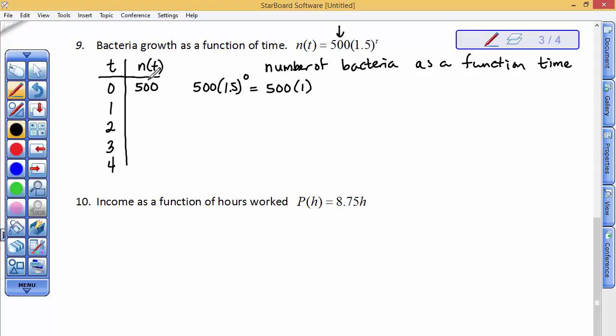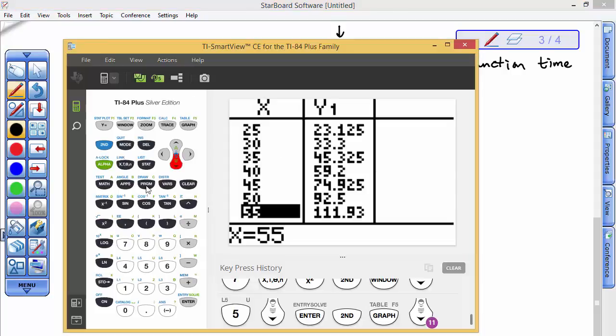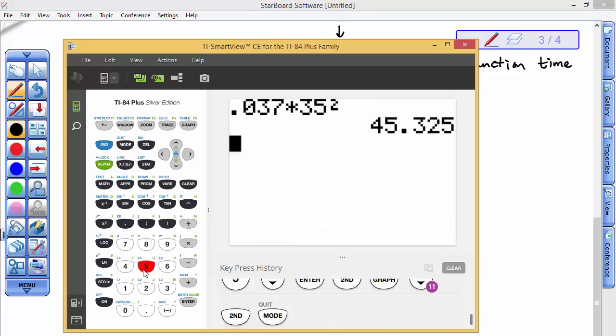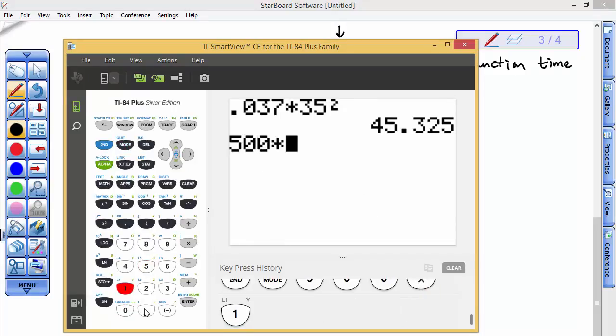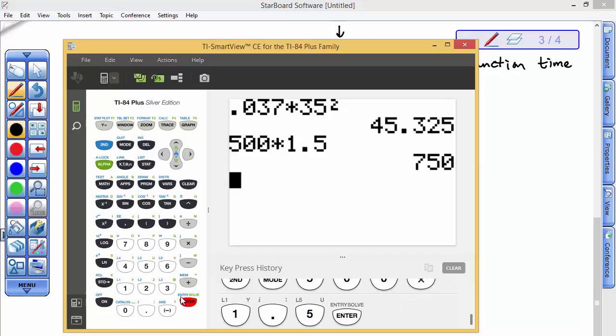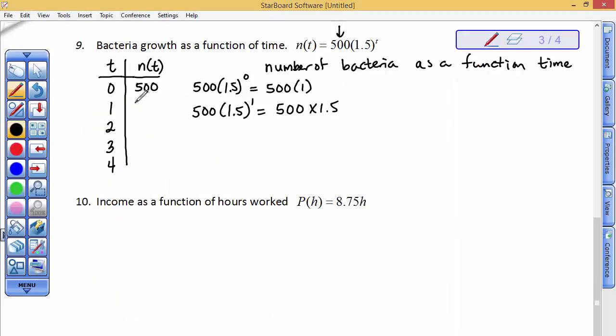When I put a 1 into this equation, 500 times 1.5 to the first power, I just need to take my calculator and type 500 times 1.5. Don't need to bother with that 1 power. So let's go 500 times 1.5, 750. So I get an answer for that.